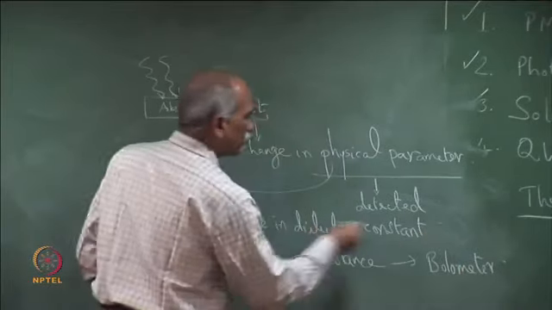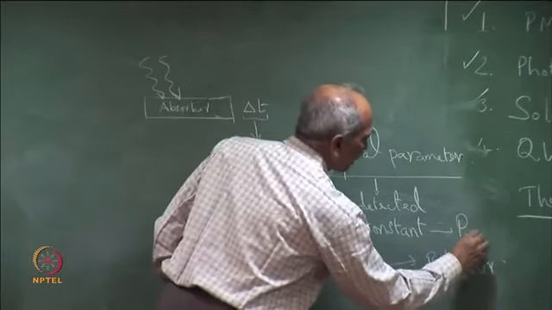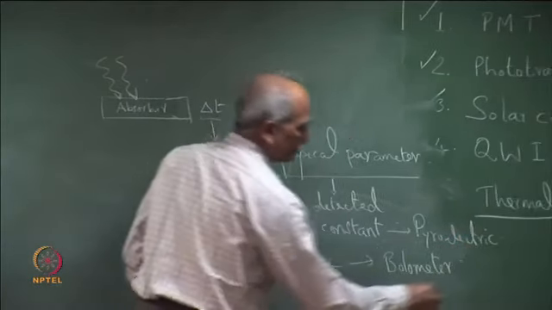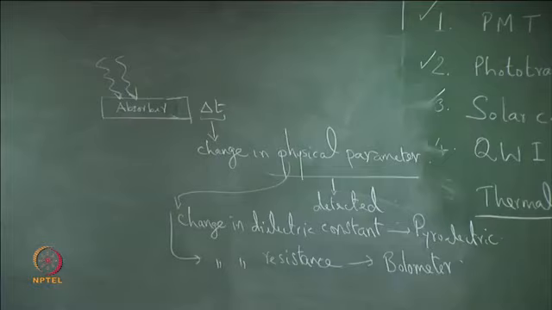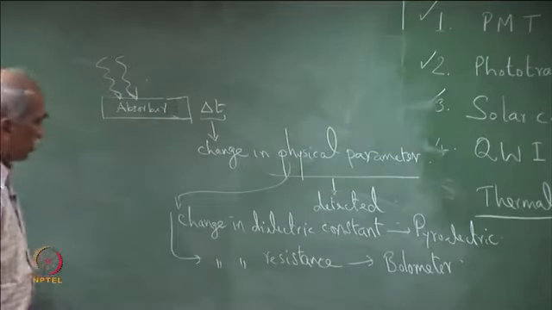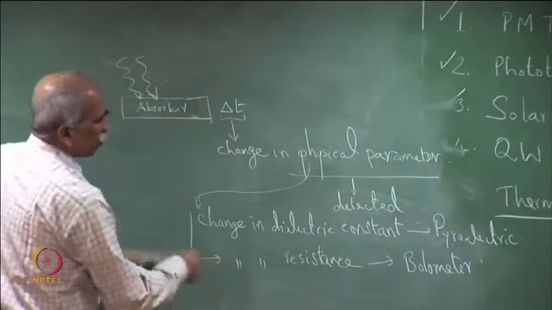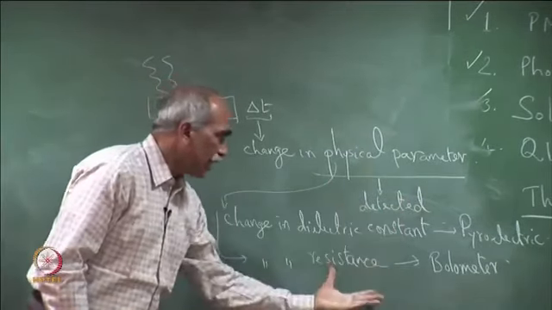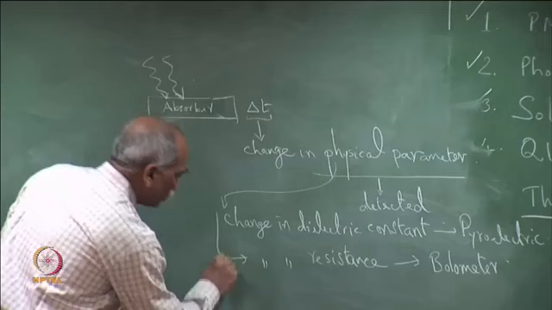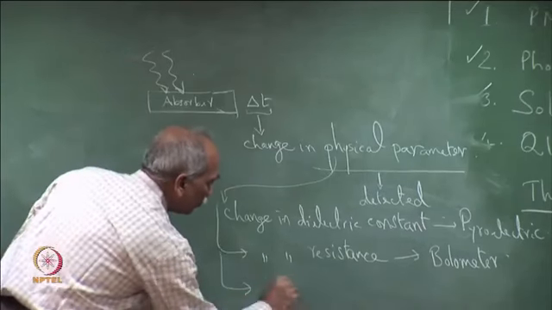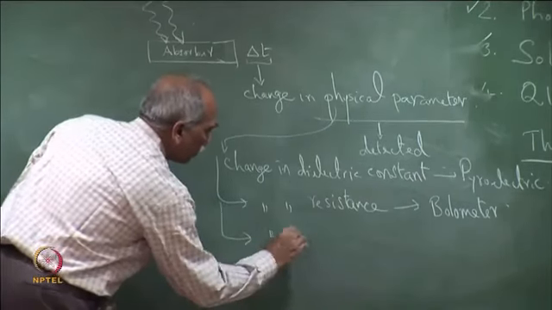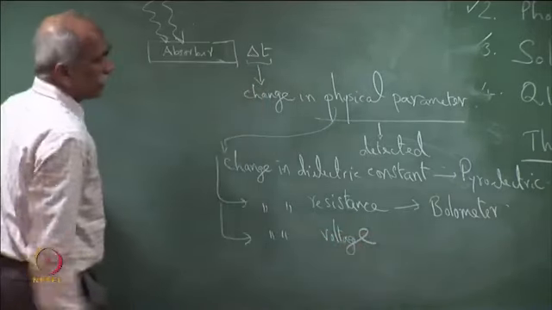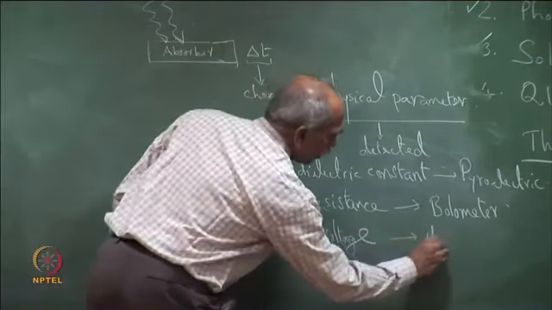This is a change in the dielectric constant. Pyroelectric detectors are based on this principle. This is the bolometer. It could be a change in pressure, or any one of the physical parameters could change. For example, with temperature, there could be a change in voltage, as in the case of a thermocouple.